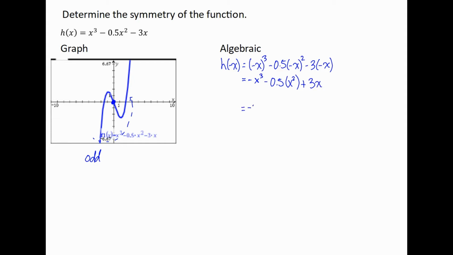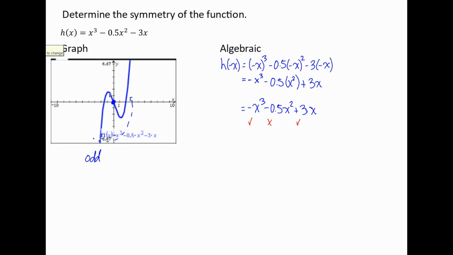So if we keep going, negative x cubed minus 0.5 x squared plus 3x. So we said, okay, maybe this one is an odd function. So we're going to see, okay, do all of my signs change? So negative x cubed, check. Well, minus 0.5x squared, that one doesn't change. But then plus 3x, that one does change.